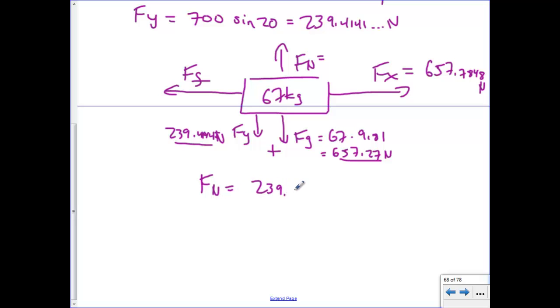So it'll be the 239.4141 plus 657.27. So I got 896.68. So that's this number here.